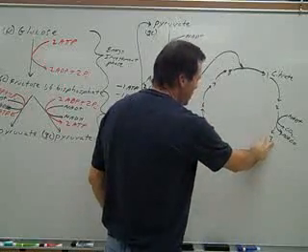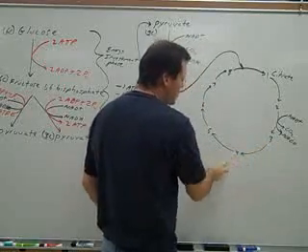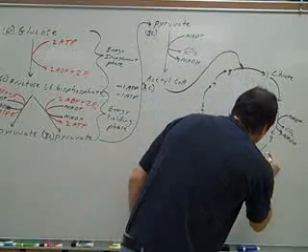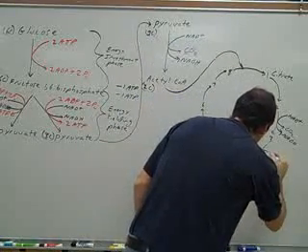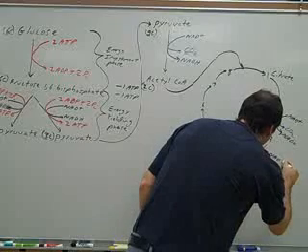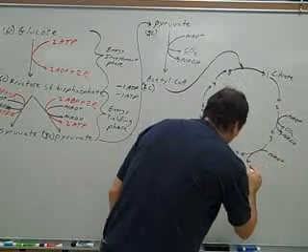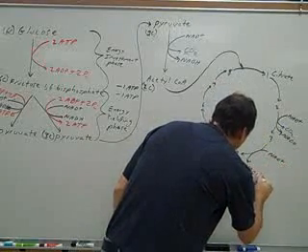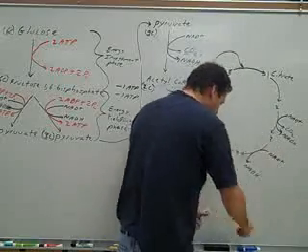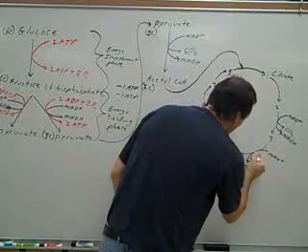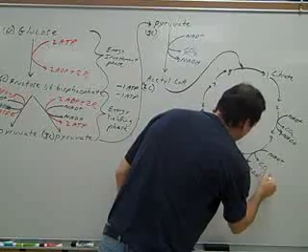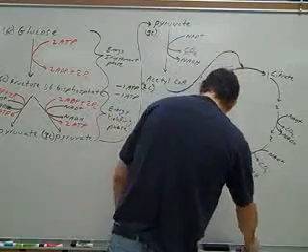Molecule number 3 is then going to undergo a chemical reaction to form molecule number 4. At the same time, again, another carrier molecule, NAD+, picks up its cargo and is reduced to NADH. Just like before, we're going to produce another carbon dioxide molecule.